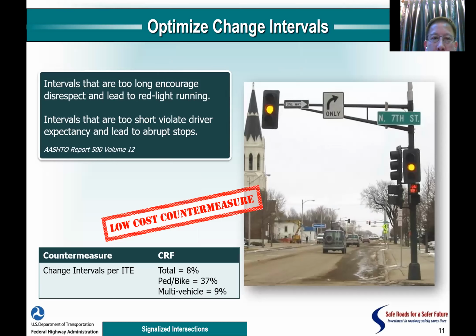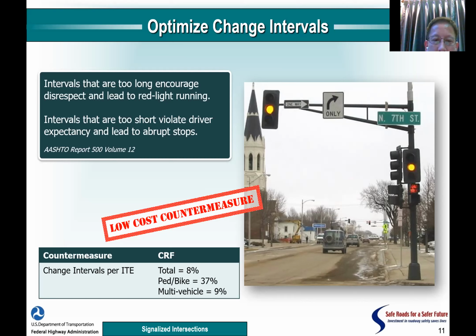Optimize change intervals. Sometimes if the red timing is too long, or the green timing is too short, or it's not well balanced with the number of vehicles on each lane, then there is more probability of red light violators at the intersection.